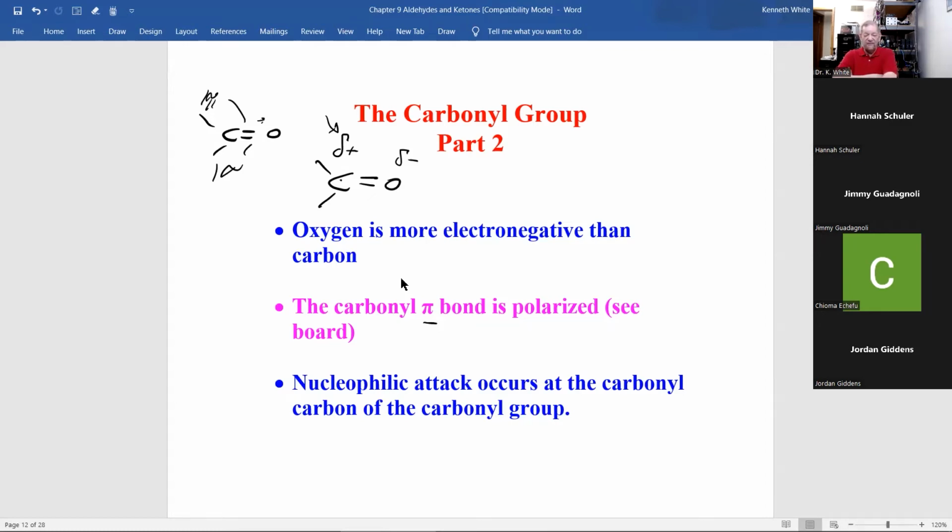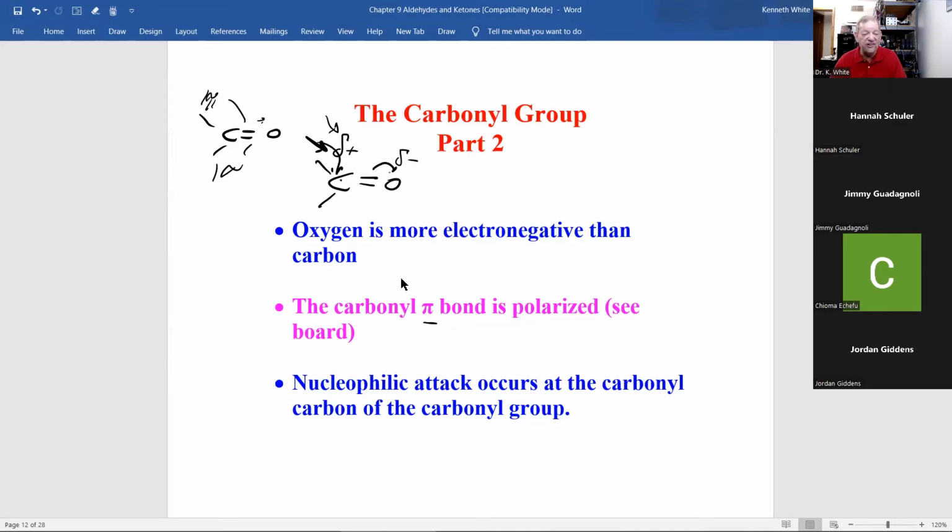I know the word phile means lover, and nucleo, oh, nucleus. What's the charge of a nucleus of an atom? Positive. And therefore, nucleophile means positive loving. And where is it going to attack? Where is it positive? Right there, the carbonyl carbon.